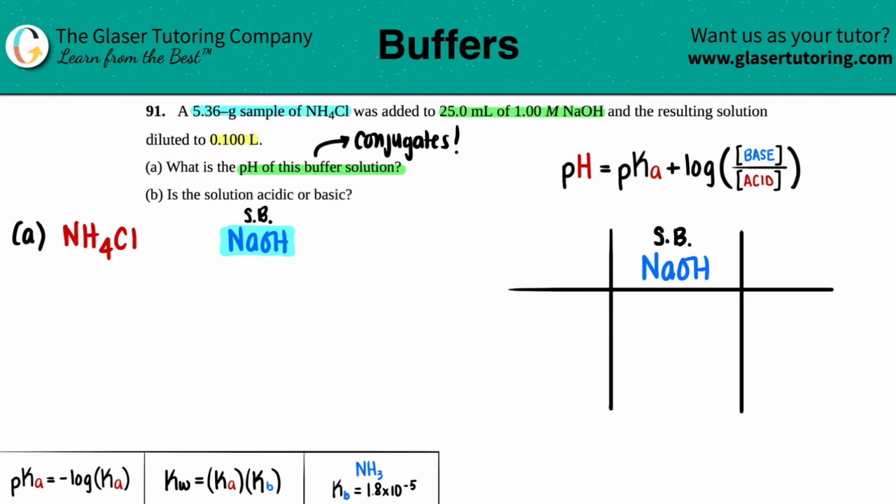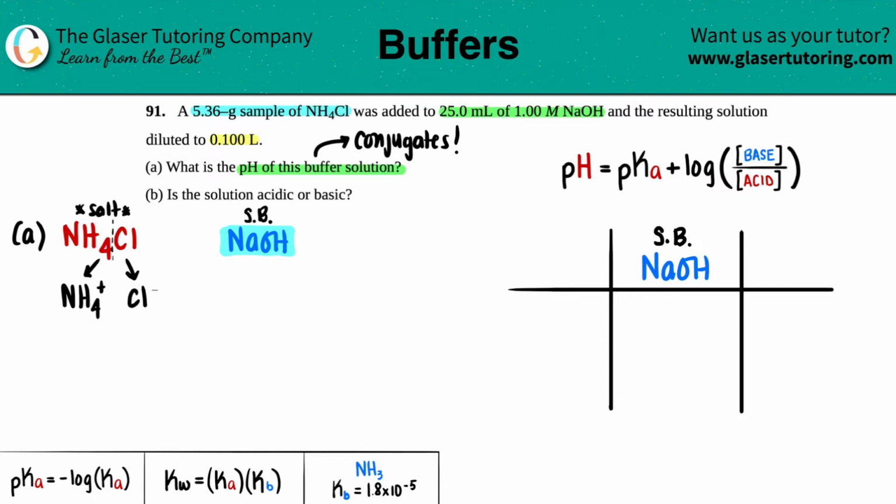Okay, so now I just have to figure out what's the compartment that we're going to be using in terms of NH4Cl. Keep in mind that NH4Cl is a salt because it's an ionic compound. It can be broken down. NH4 is a polyatomic, and Cl is just a regular ion. So this breaks down into NH4+ and Cl-.